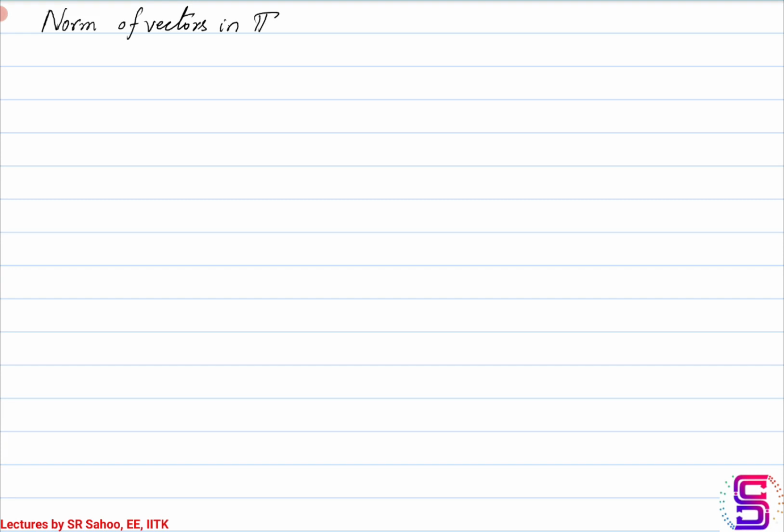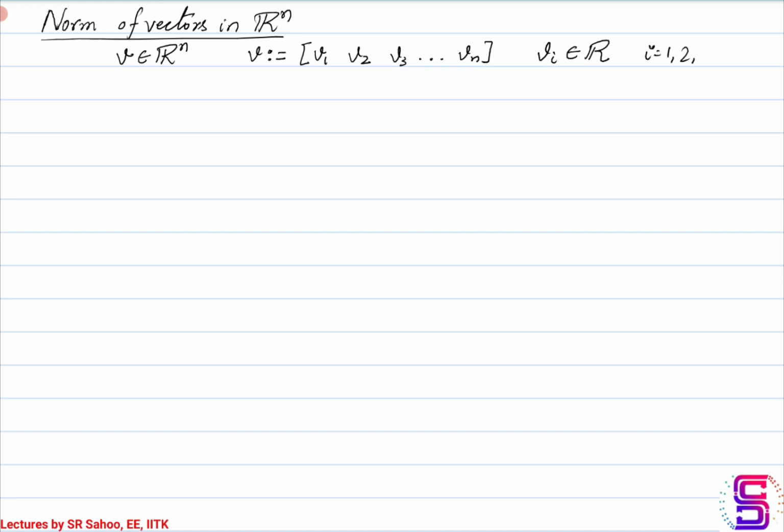Suppose V is some vector in Rn, where V has its coordinates defined as V1, V2, V3 till Vn, where each of them are essentially real numbers, i varying from 1 till n. So this is what essentially means when we say V belongs to Rn.